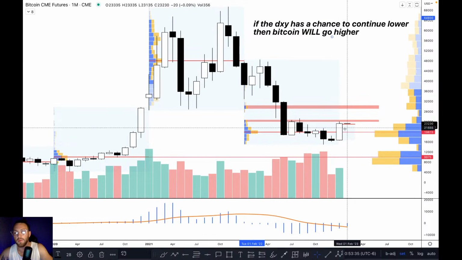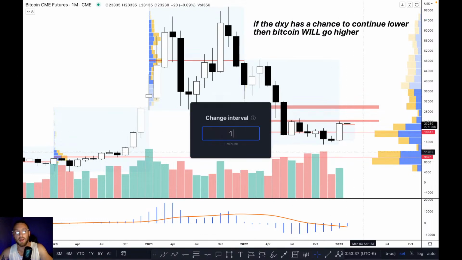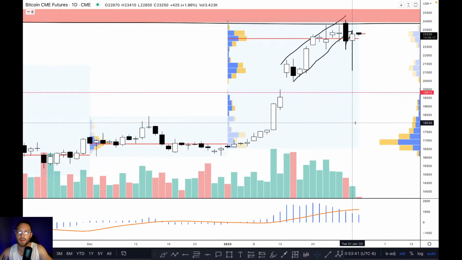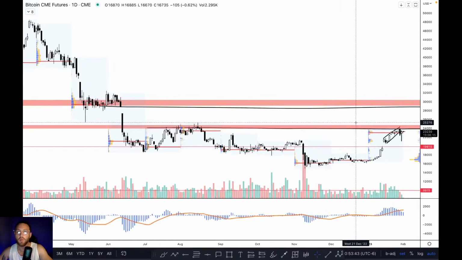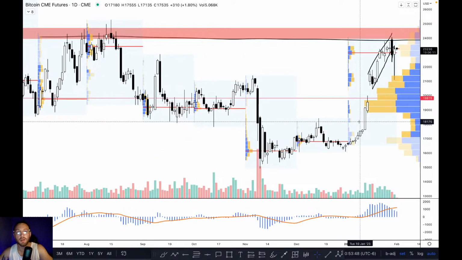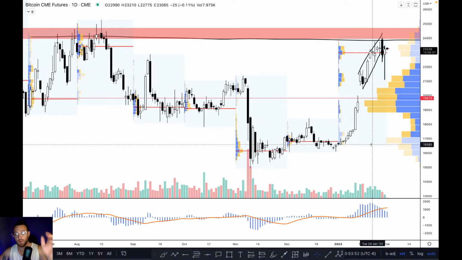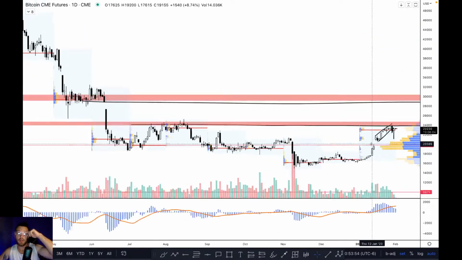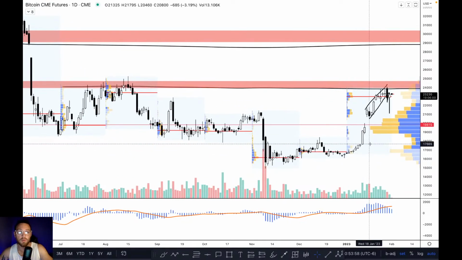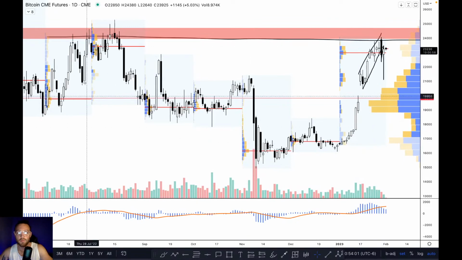So what I want to look at is more on the daily, and we haven't looked at the daily on anything. But look, we're in this supply area. We should reject here, straight up. It should reject here, and here is this beautiful accumulation range.